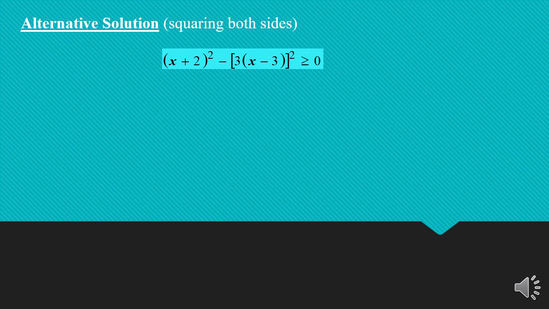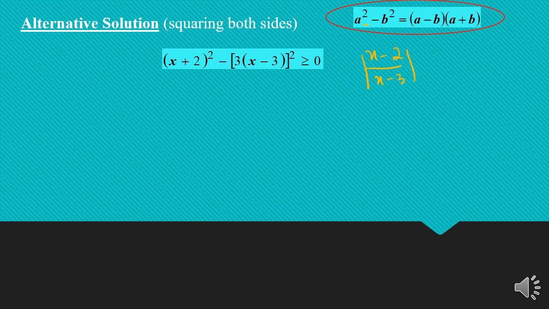So if you see the question, absolute of (x plus 2) over (x minus 3) more than or equal to 3. How can we separate this and square both sides? Remember the properties of absolute.